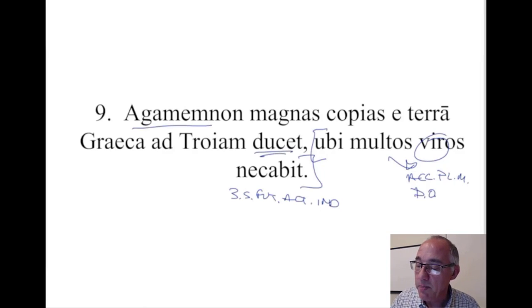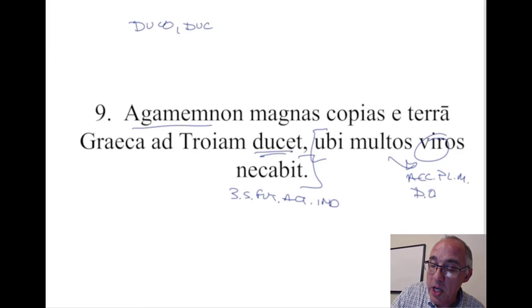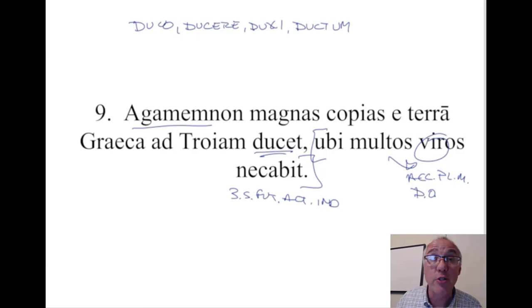Agamemnon ducet. What tense is that? Remember the word is duco. I wrote it poorly. Ducere, duxi, ductum. It is a third conjugation verb, which means that E is a sign of the future. So it is the third singular future active indicative.